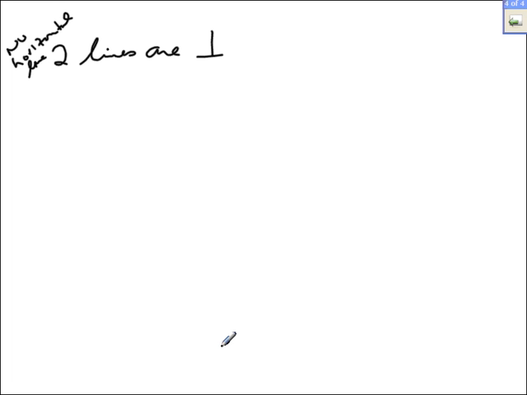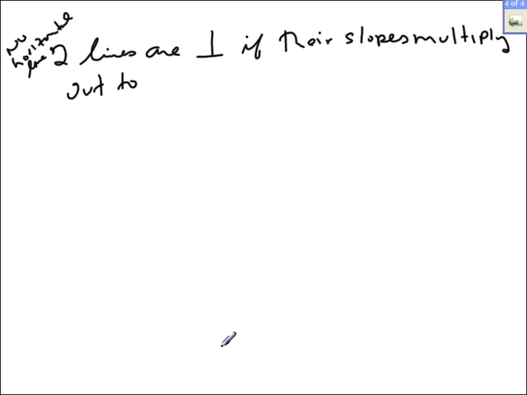You have two lines, none of them are horizontal. Two lines are perpendicular if their slopes multiply out to -1.